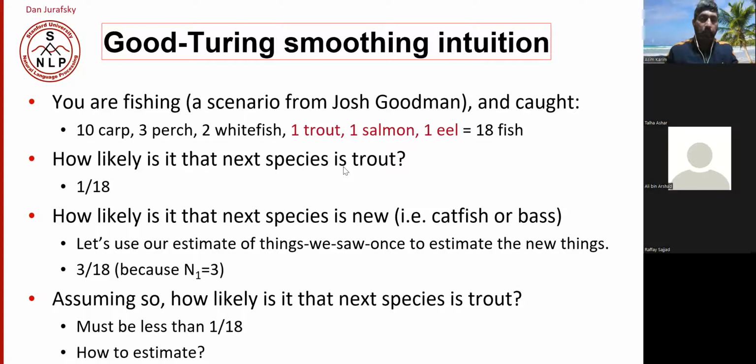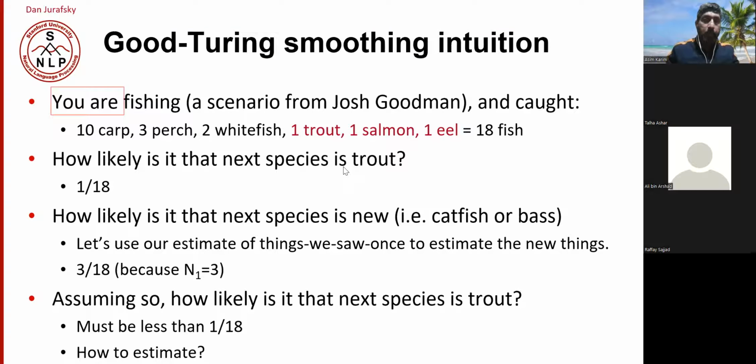Again, we are taking an example in terms of things or events rather than actual bigrams, but you can easily think of these as bigrams or unigrams or whatever is of interest in our NLP problem. So let's say you went fishing and you caught 18 fish.